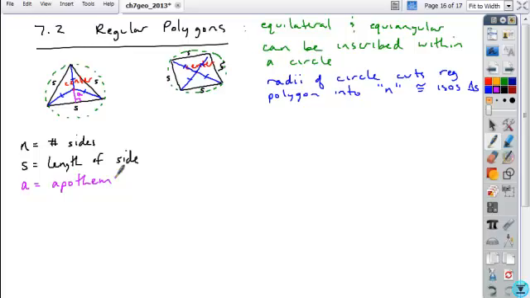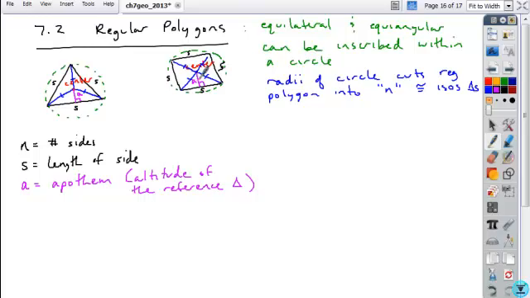But basically, if you just remember it as the altitude of the reference triangle, it should allow you to remember what that A represents. And so in the square, you're looking at this apothem.